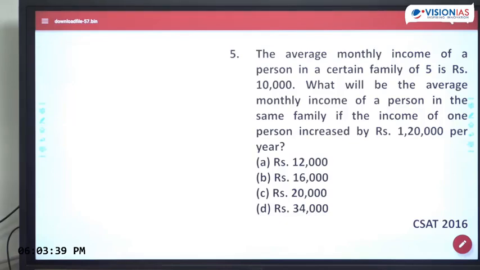Tell me the answer. Simple one. Answer is not 12,000. Answer is not A. Please read the question carefully.